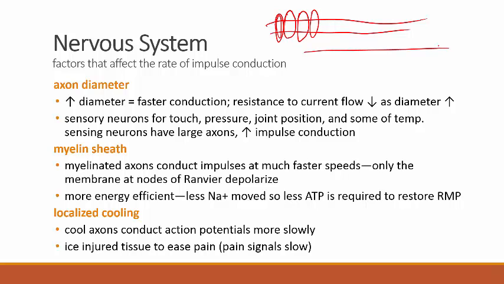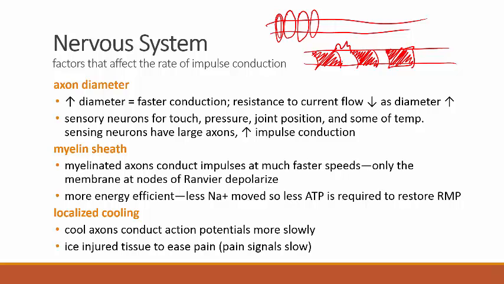But if the axon has a myelin sheath around it, then the myelin acts as an insulator, and that myelinated region of the axon will not undergo an action potential. The only area that undergoes the action potential is going to be this area here, the node of Ranvier.